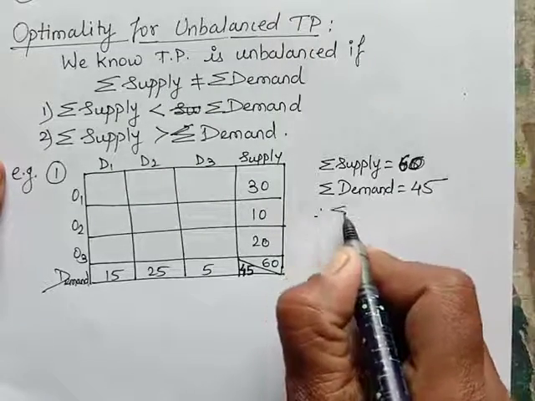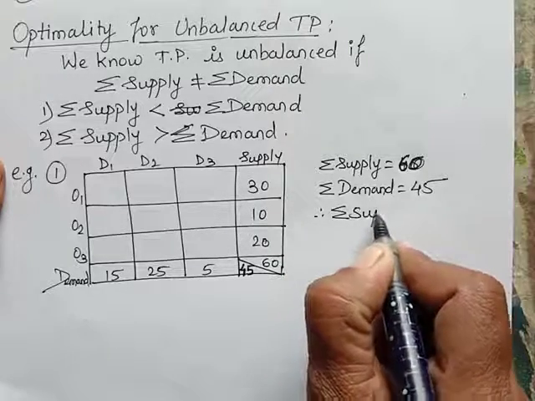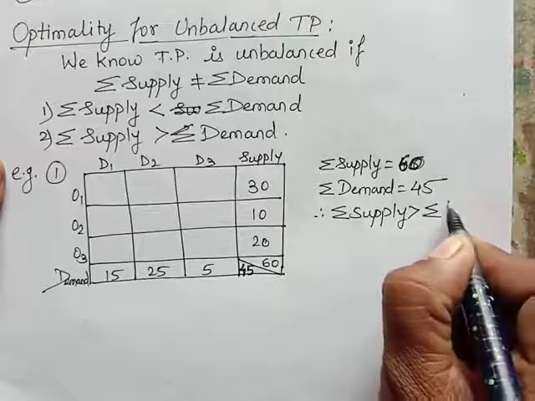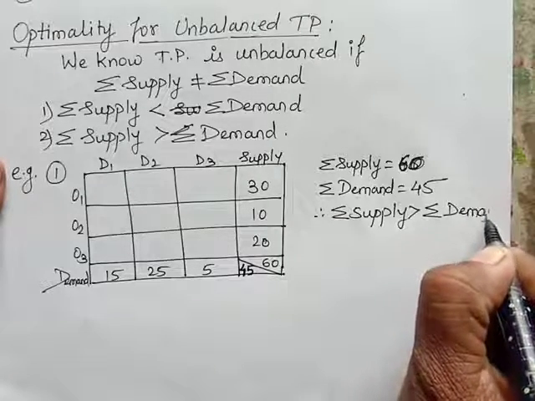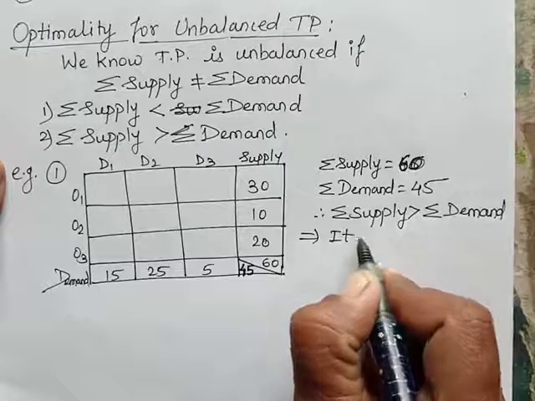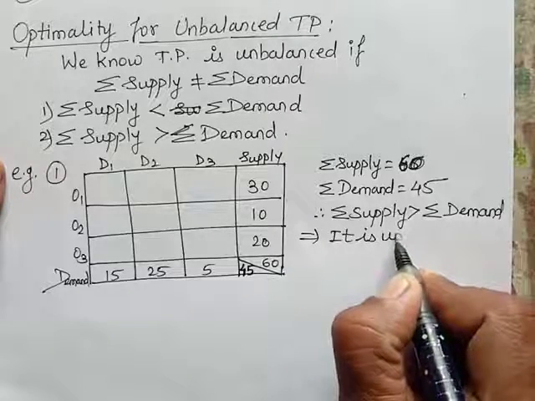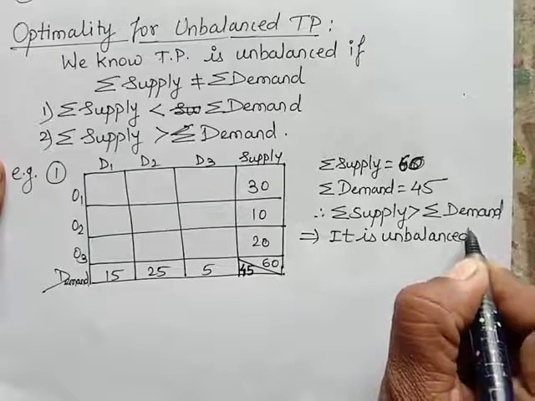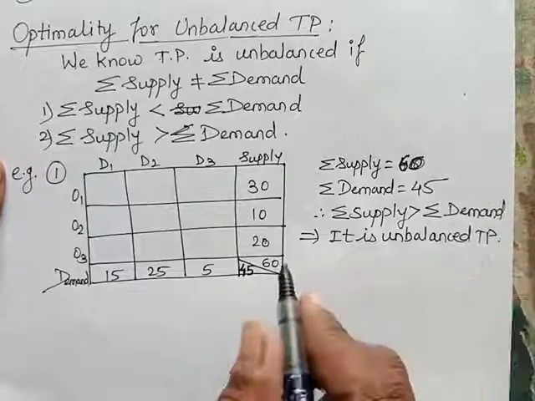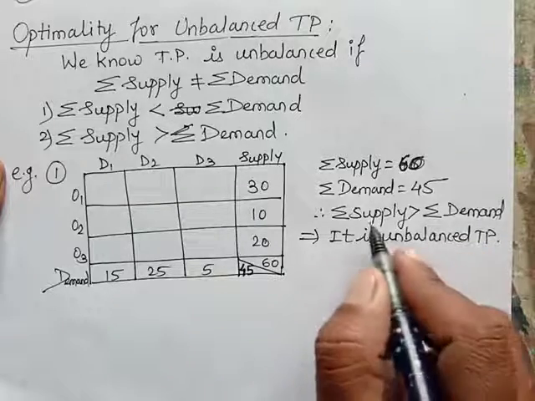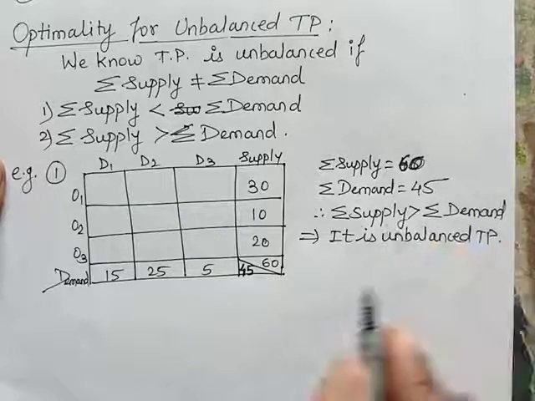Therefore summation supply is greater than summation demand, implies it is unbalanced TP. Okay. So here supply is more and demand is less.